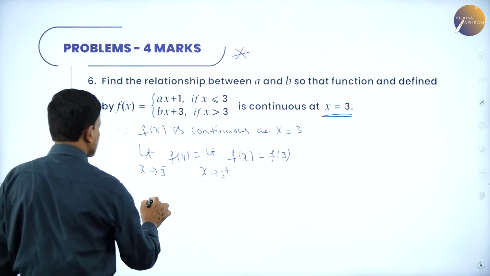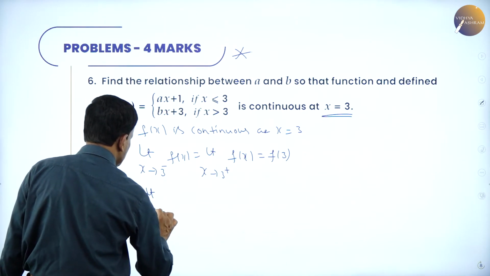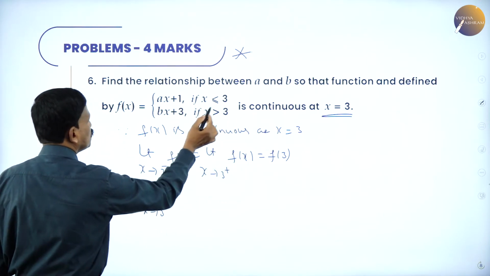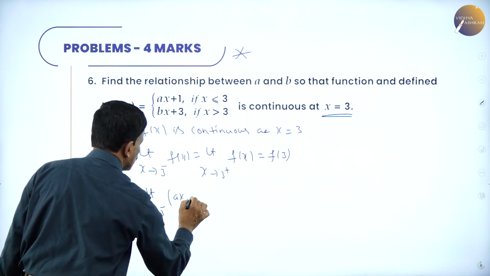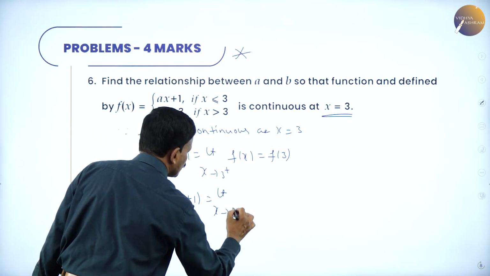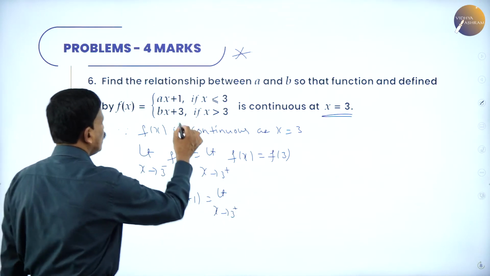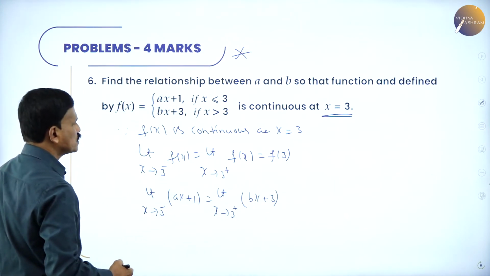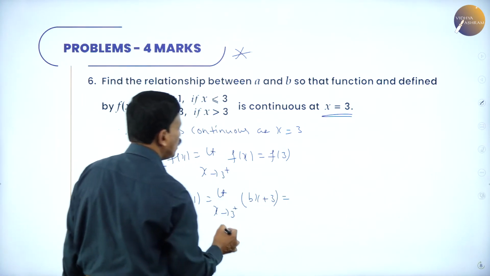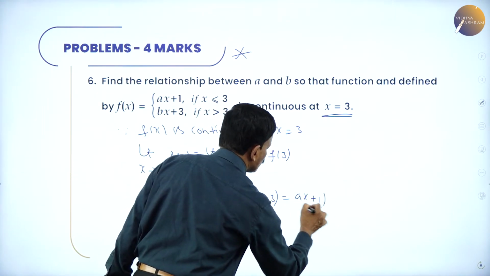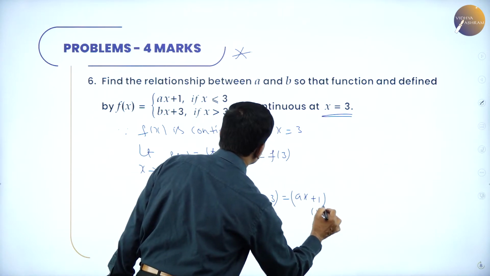Okay, limit x tends to 3 minus, what is f of x? When x is less than 3, f of x is ax plus 1, is equal to limit x tends to 3 plus, where f of x, when x is greater than 3, is bx plus 3. This is equal to the functional value f of 3, which is ax plus 1 at x is equal to what is the value of x?